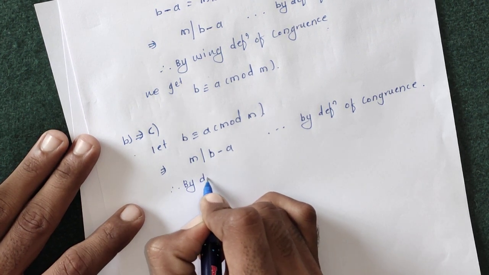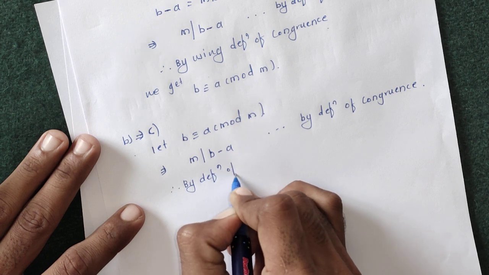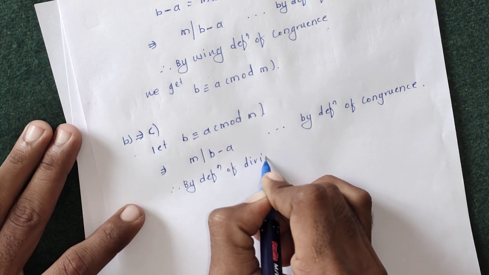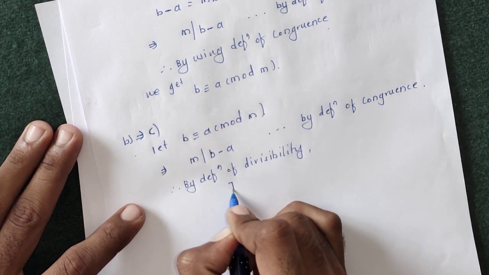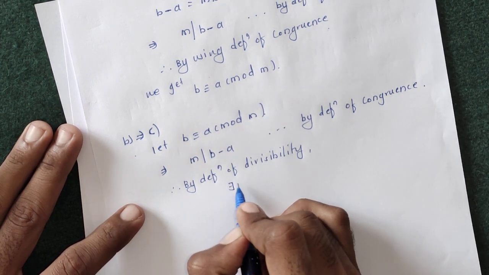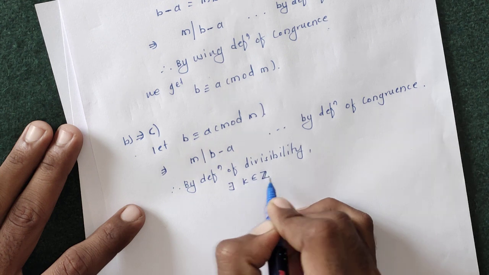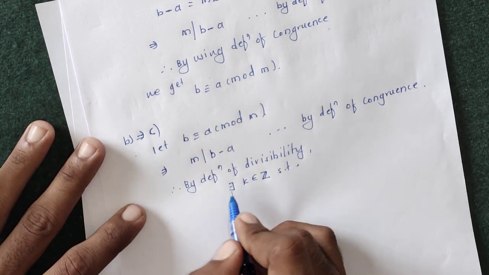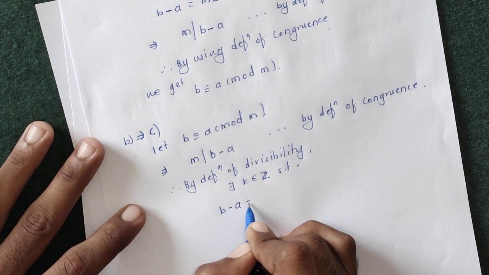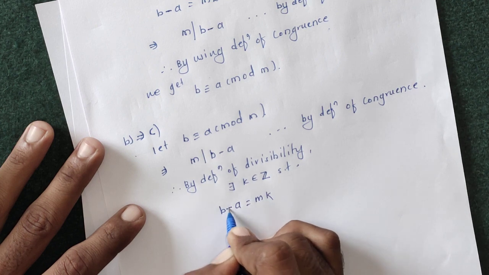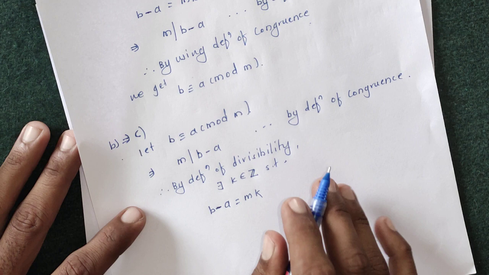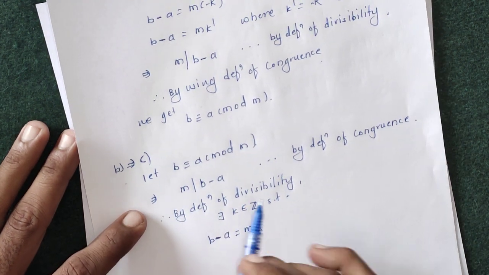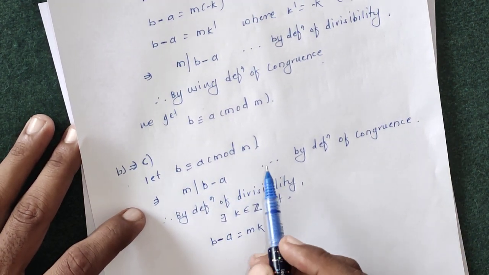Now, by definition of divisibility, there exists an integer k such that B minus A is equal to m into k. This is from our assumption that B is congruent to A mod m.